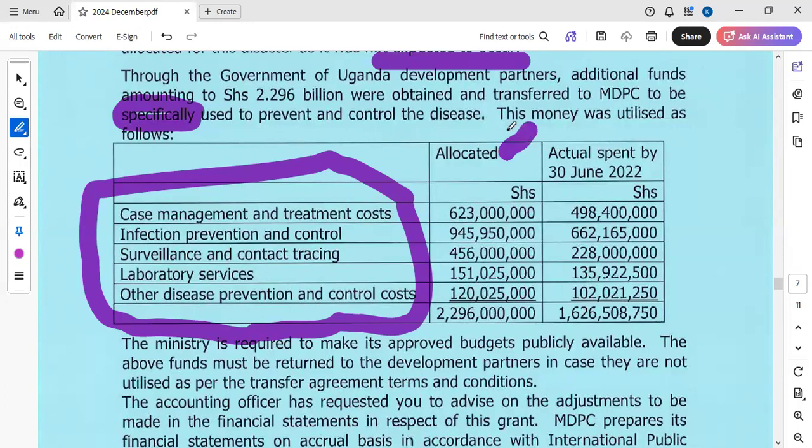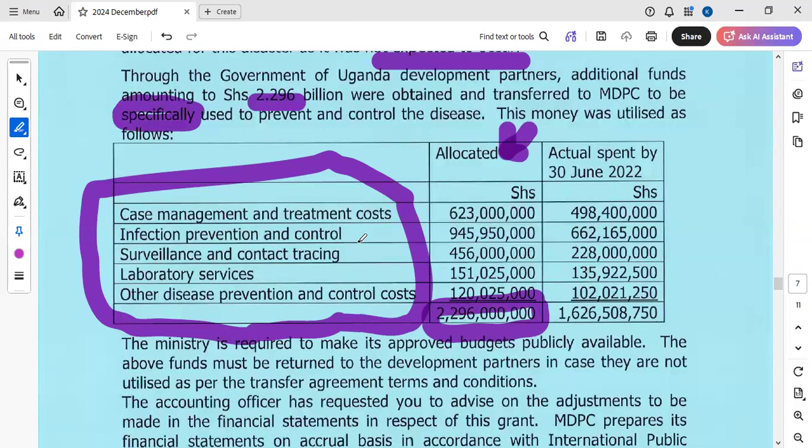You as an entity had allocated this from the money you received. You received 2.296 billion, and you managed to do the allocation that this money is going to be allocated to this expenditure item, case management and treatment costs, infection prevention and control.